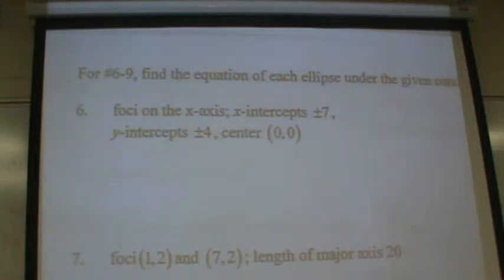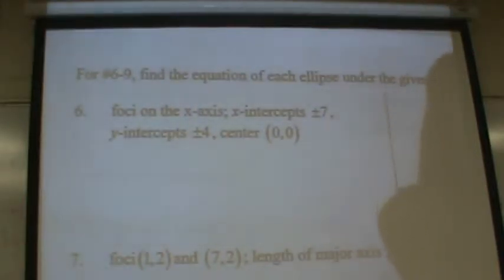All right, this whole page, and then there are two on the next page, all talk about ellipses. Read number 6. Now I'm gonna tell you the biggest hint on these ones is draw the picture. This one tells you that your fixed points are on the x-axis, and your x-intercepts are 7 and -7.